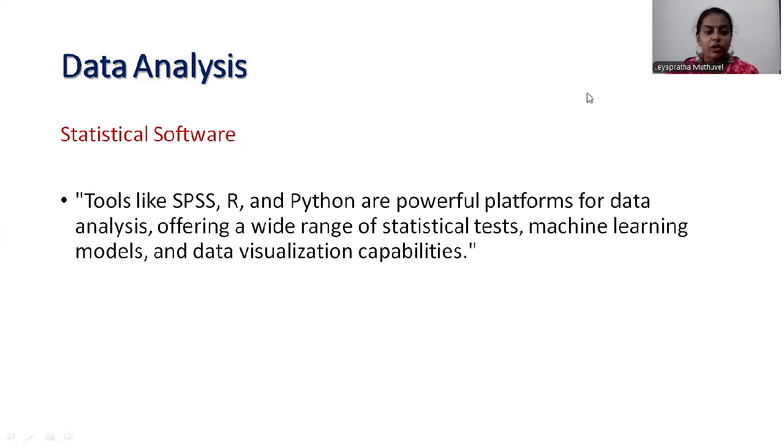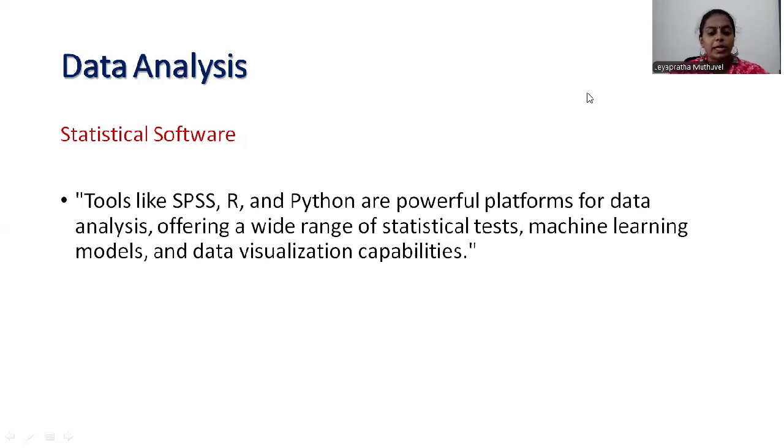Finally, what you are seeing on the screen is the quantitative analysis tools. SPSS, Statistical Package for the Social Sciences, is widely used for statistical analysis. R is an open source software for statistical computing and graphics.